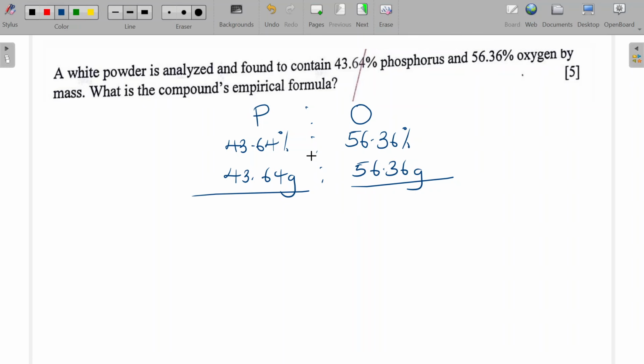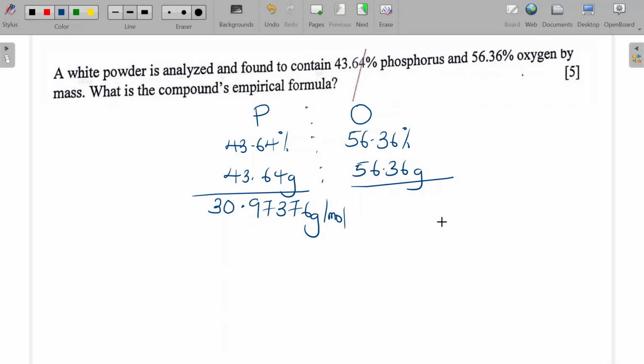Phosphorus and oxygen. So just help me with your periodic table. What is the molar mass of phosphorus? Anyone? 30.97376, in grams per mole.